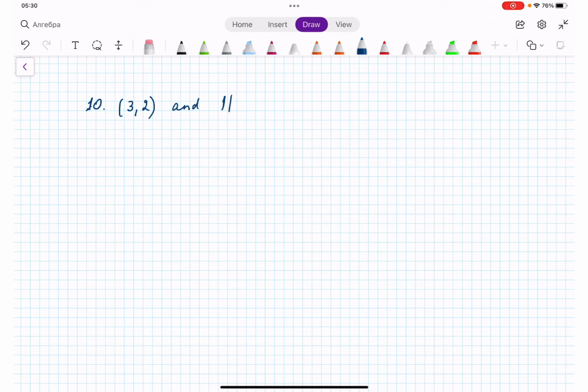This is the symbol of parallel. And parallel to the line whose equation is y equals negative 3x plus 1.